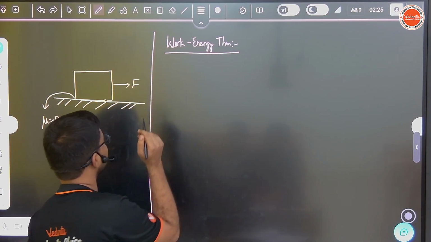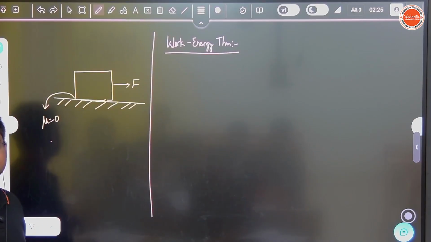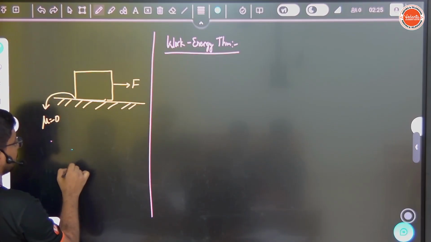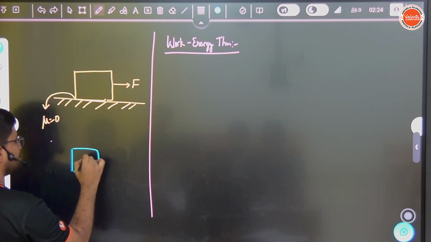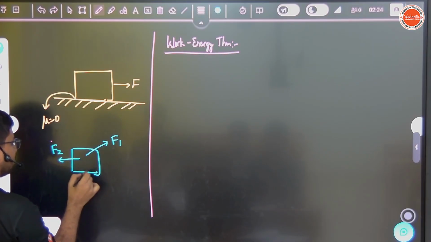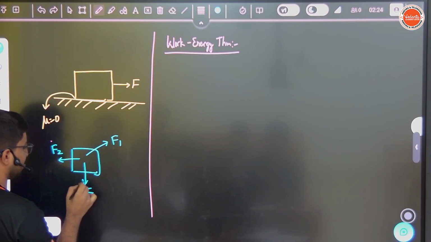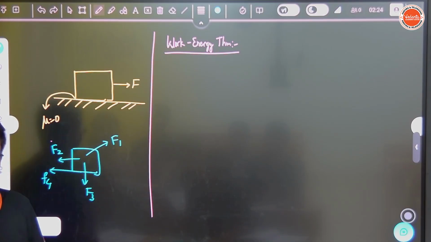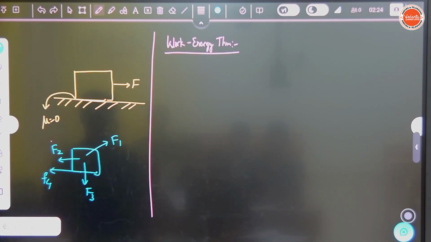Look at this diagram only. Assume that on a body here, some forces F1 bar, F2 bar, F3 bar, F4 are acting. I don't know whether they are conservative or non-conservative, right?